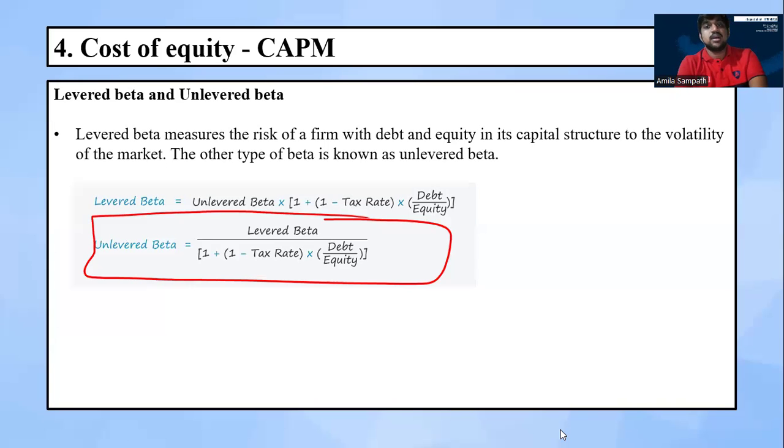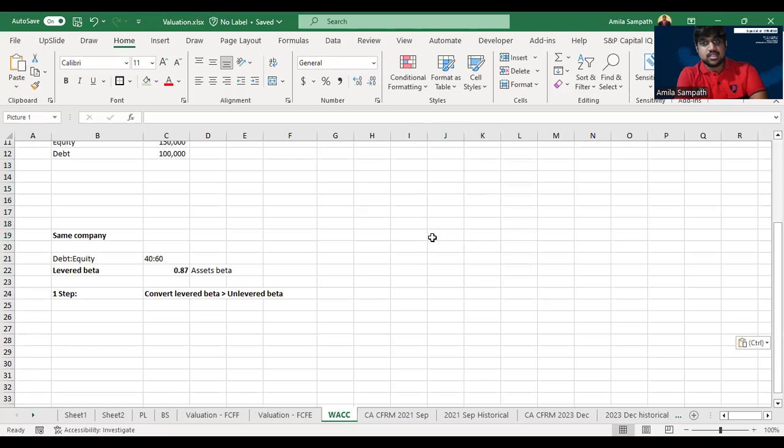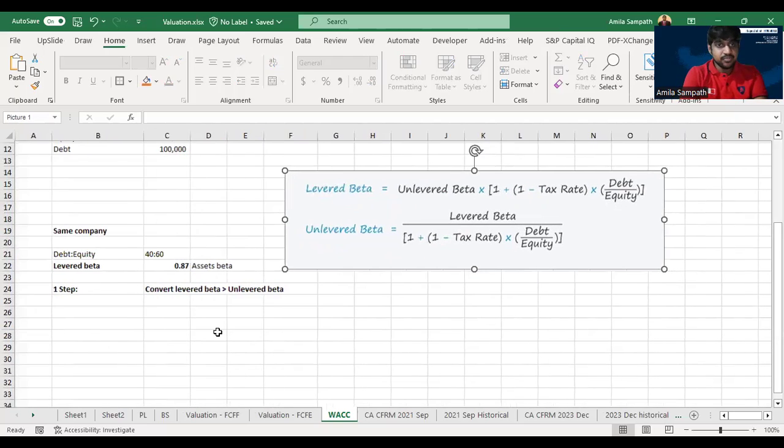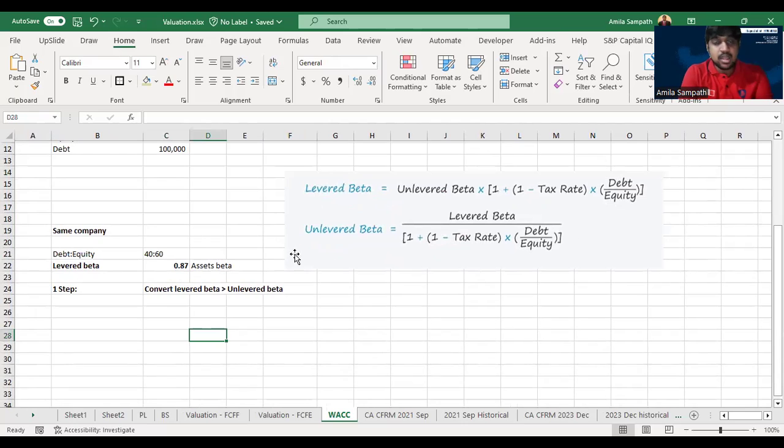Using this formula, simply we can convert our levered beta into the unlevered beta.